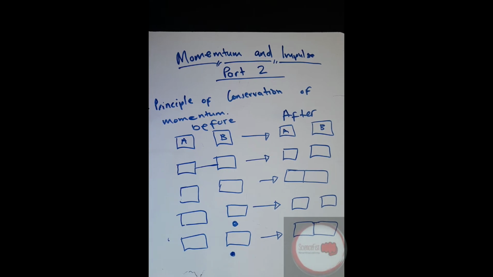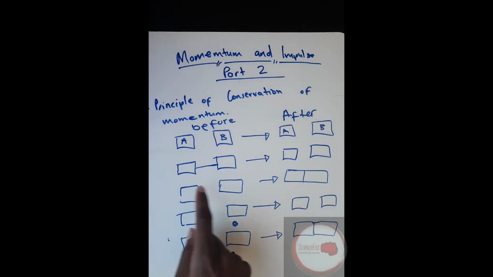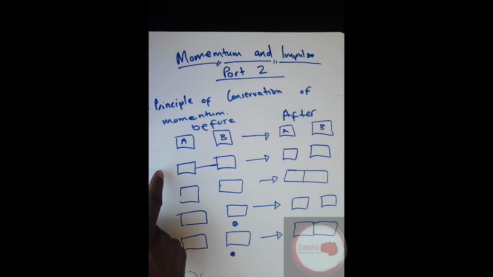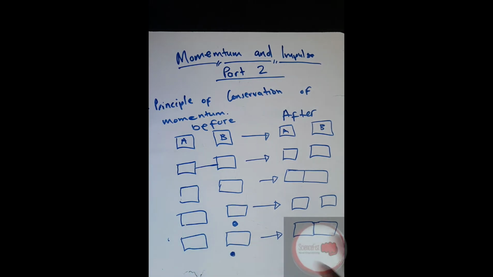Simple physics, don't complicate things. If you try to memorize all these situations, they will each have different simplified equations, but you really don't have to do that, because then you have to remember five different equations, or even more.